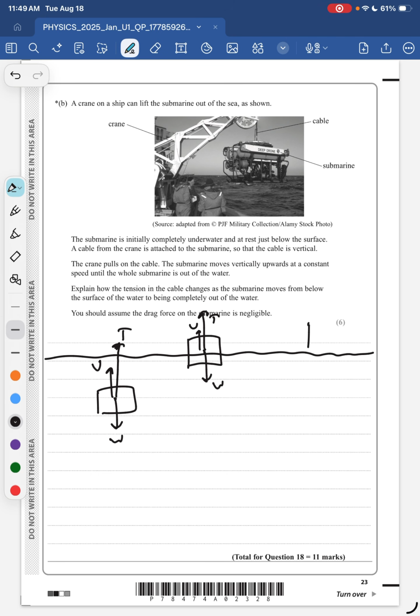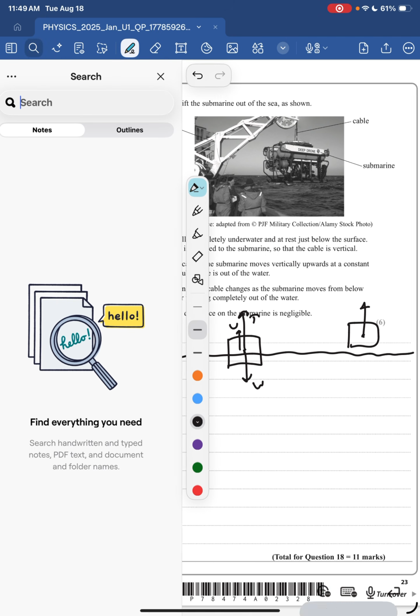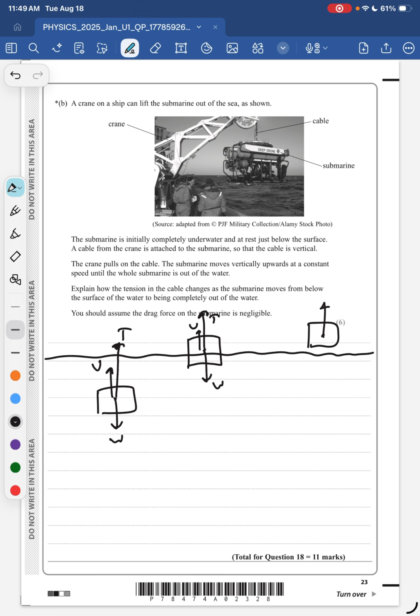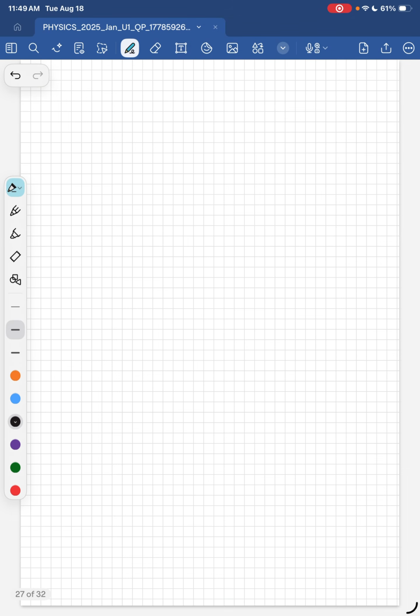And if it's fully out of the water, we only have the tension and the weight. So actually let's call this T prime and this T double prime because the tension changes as the submarine moves out of the water.